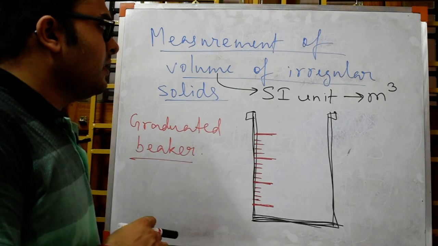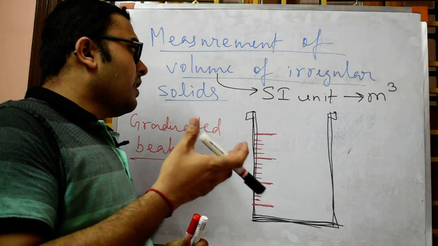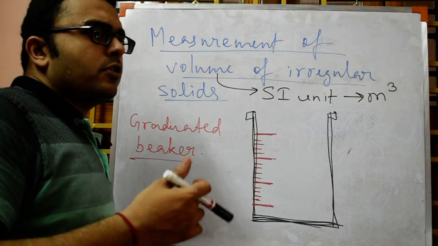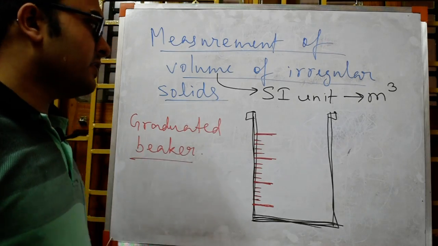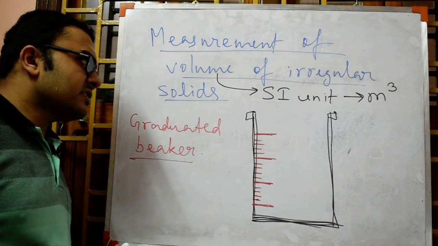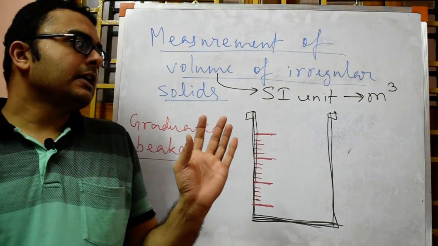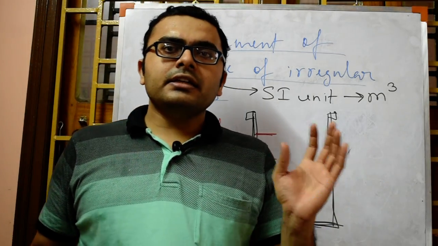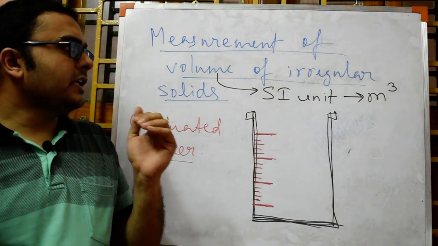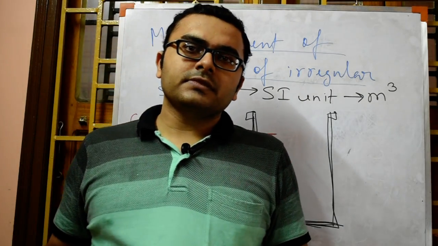But when you have a bottle of cold drinks or a bottle of mineral water in your hand, that bottle does not show you the volume of that liquid in meter cube, rather it shows the volume in liter or milliliter.